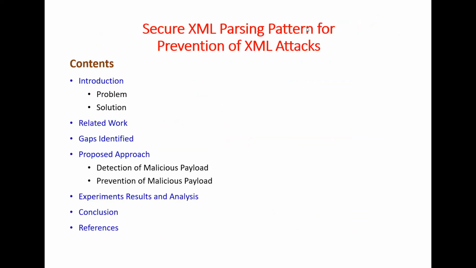The presentation is divided into sections: introduction with its problem and solution, related work, gaps identified, proposed approach for detection and prevention of malicious payload, followed by experiments, results, analysis, and conclusion.